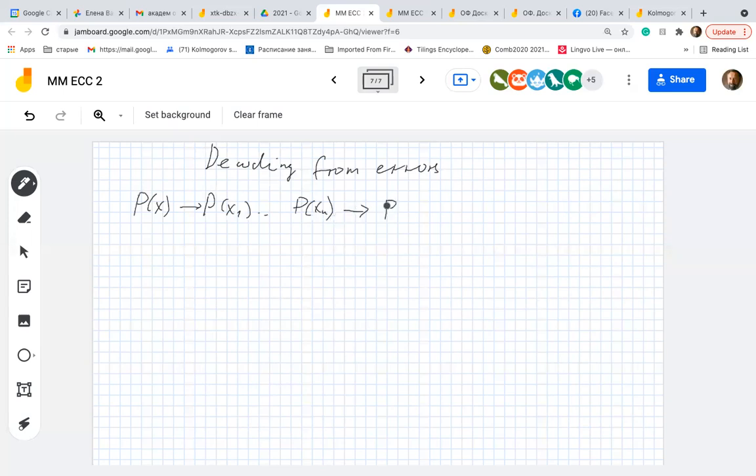Let's call the corrupted values tilde P of x1, tilde P of xn. And we have a promise that there are at most E errors, at most E values are bad, are incorrect.